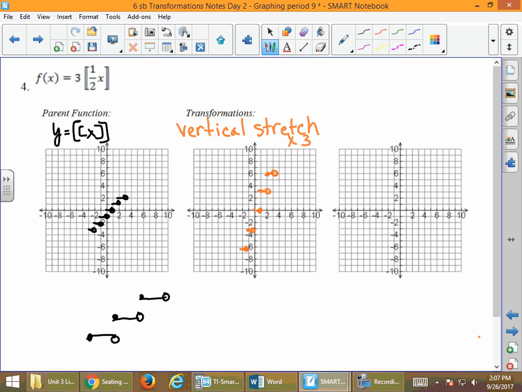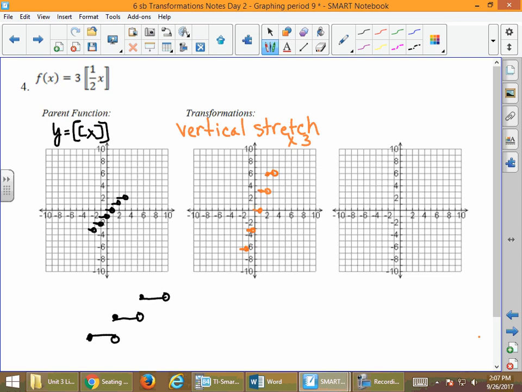Very hard still to see on this graph. But we've got a step at 0, at 3, we went up 3 spaces, and we went up 3 more spaces. I also went down 3 spaces and down 3 spaces again.